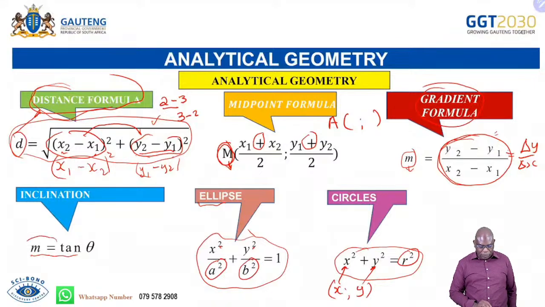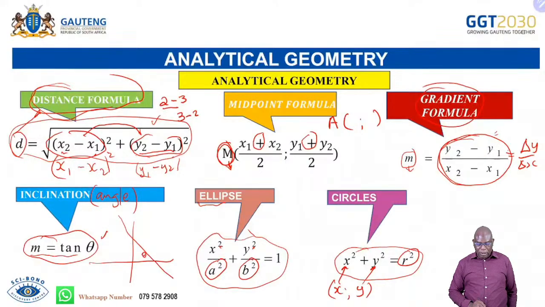The inclination is very, very important. You might be given a circle with a line, and then you are requested to get the inclination. You must know that an inclination is nothing else but the angle, and that angle is between the x-axis and the line.